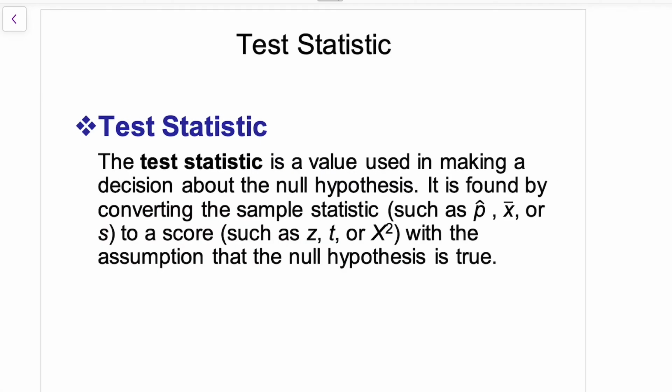Again, our test statistic is the value that we're going to use to make these decisions. They are found by converting our sample statistic, like the sample proportion or the sample mean, into a z-score or t-score, with the assumption that our null hypothesis is true.